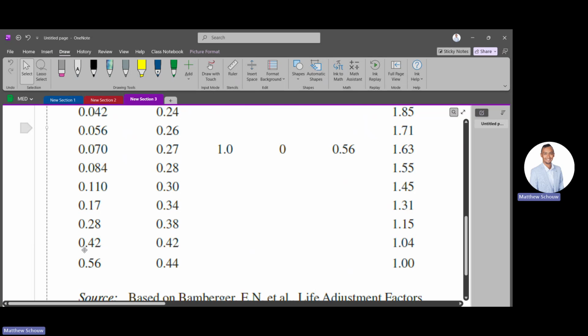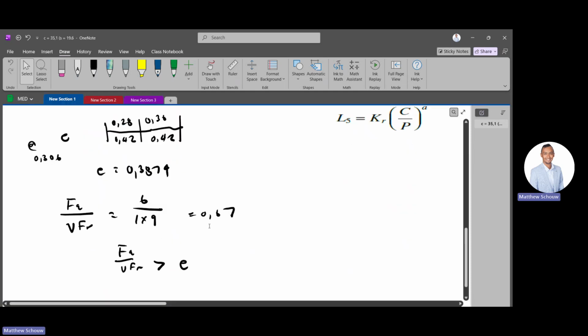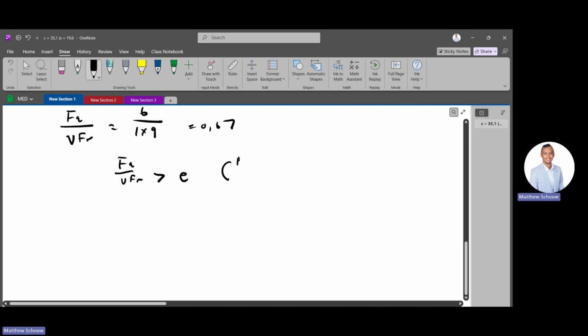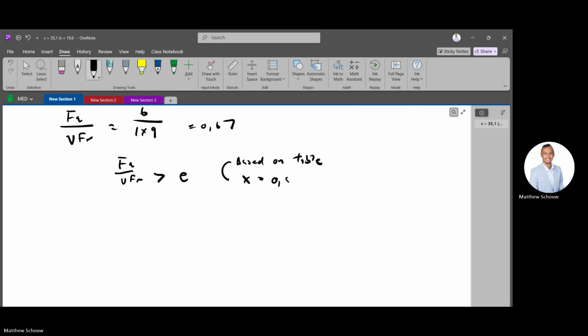So what we're going to do now again is interpolate from 0.28 to 1.15, and then from 0.42 to 1.04, based on the table. And we know x is going to be 0.56.